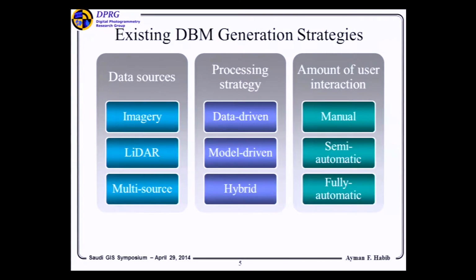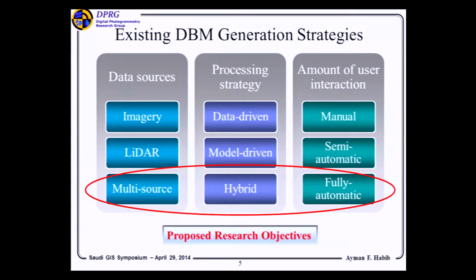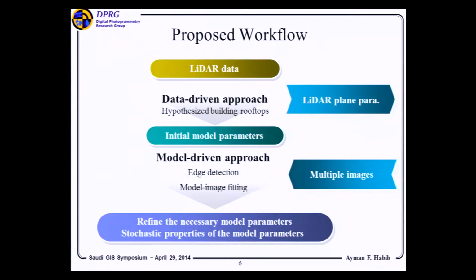And finally, how you are going to produce your digital building model can be what we call model-driven, where you say, I assume my buildings are boxes, or data-driven, where you let the data tell you what kind of buildings you are looking for, or a mix between both, what we call hybrid approaches. In our research objectives, we would like to be general enough to handle multi-source data. Hopefully, it should be fully automatic and a hybrid approach, a mix between data-driven and model-driven.